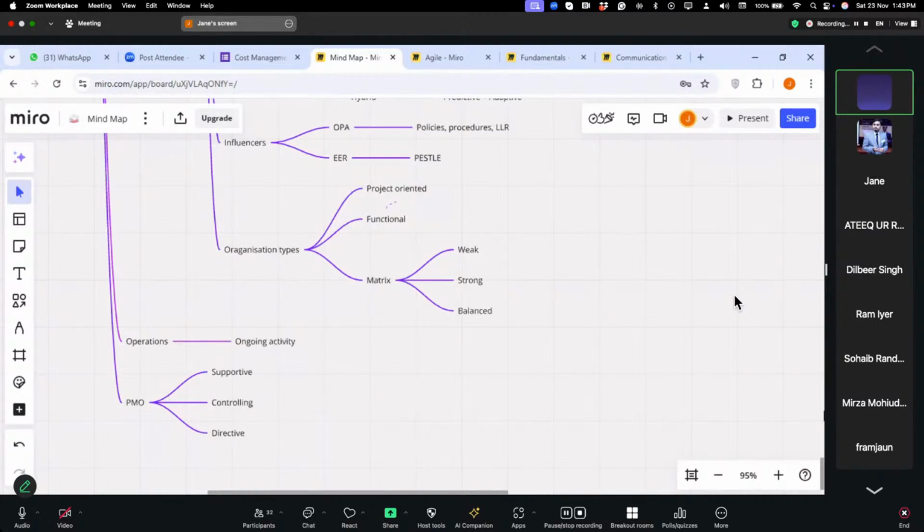They have 100% freedom. In controlling, it is mainly supportive with a weekly or monthly audit. Then we have directive, where the project manager has no authority. He gets daily orders from the above management.